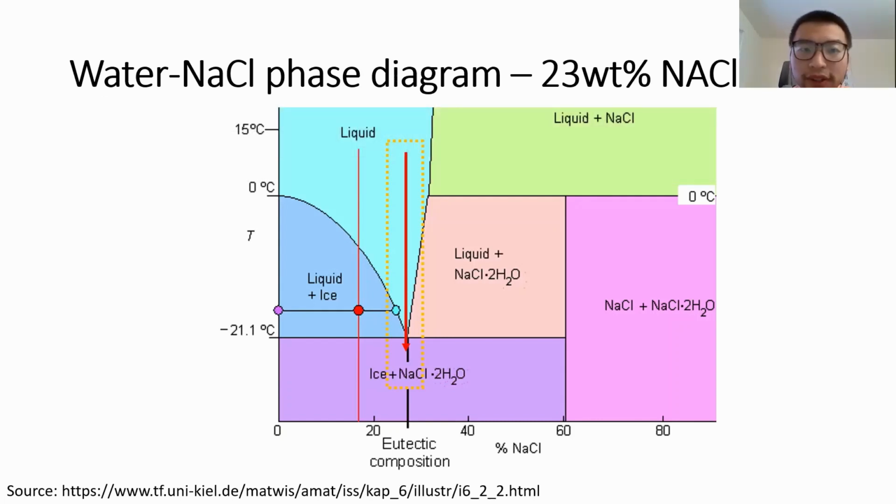Below -21 degrees Celsius, sodium chloride solutions of any concentration will be solid. The temperature of our freezer at home is typically around -18 degrees Celsius. Therefore, depending on the salt solution, you could witness your sample to be entirely solid, entirely liquid, or a mixture of liquid and solid.